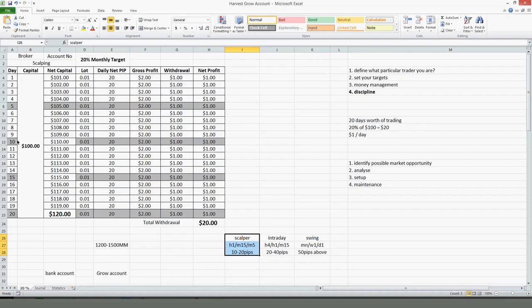And obviously, if you have $100 and a lot size of 1 cent, that should be a very healthy margin, and you should be able to sustain your account even if you are floating 100 or 200 pips. Okay, but that's not the case here. We want to make sure that when we do entry, our floating shouldn't be more than 30 pips.